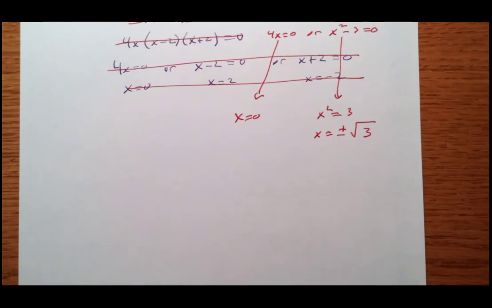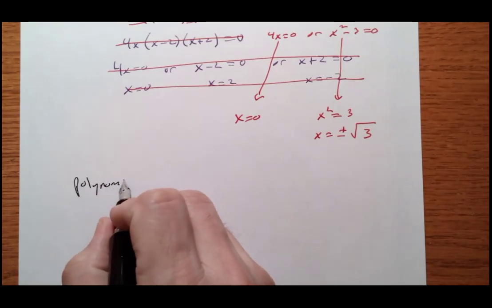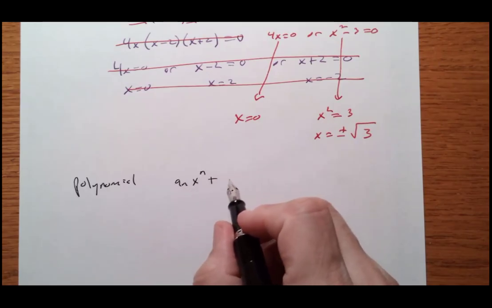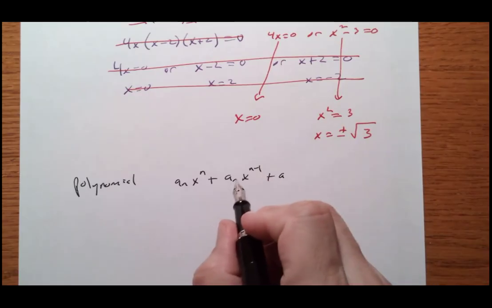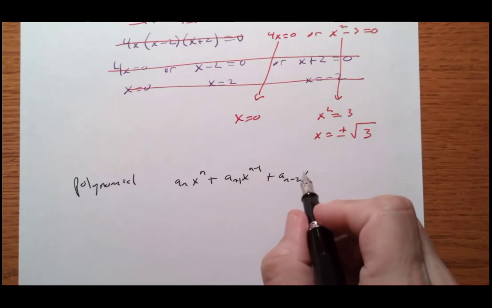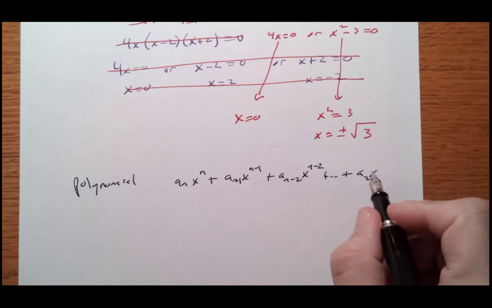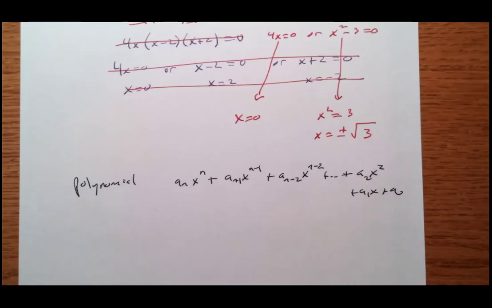This now allows me to take the derivative of any polynomial function, because a polynomial is number times power of x plus number times power of x plus number times power of x all the way down to a2x squared, a1x, a0.